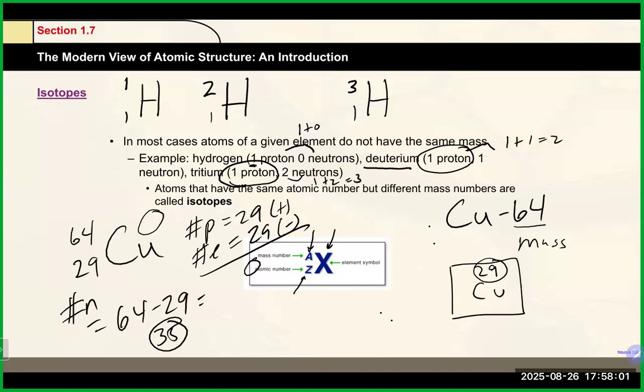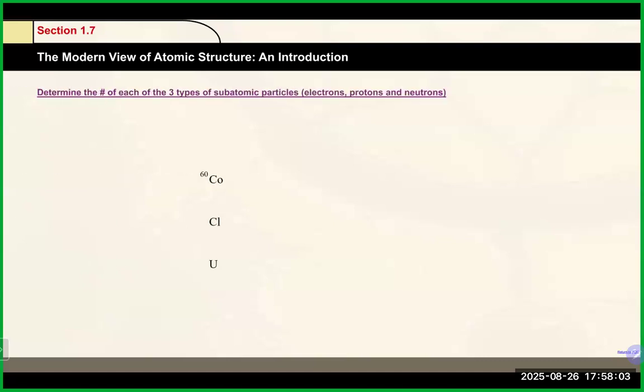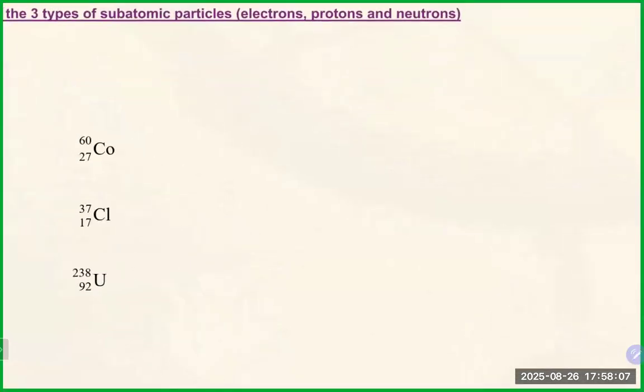All right, so why don't you try some? For each of these, do the number of protons, electrons, and neutrons. Okay, so let's take a look and see how you're doing. Once again, the top number is our mass number, which is our protons and our neutrons. The bottom number is our atomic number, which we could get from the periodic table, and which is our protons.